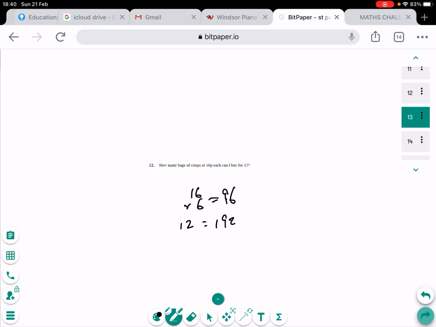So that's the most we can get, because you can't fit another 16 in. So that was 96 pence for 6 packs, and 12 packs is 192 pence. So £2 is 200 pence. So you can't fit another 16 in there.